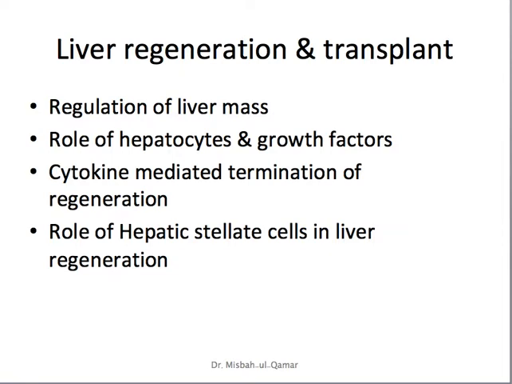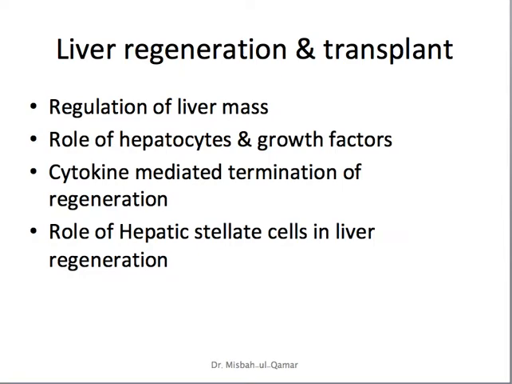So, what happens in the regeneration process? During this process, hepatocytes replicate until the original size and volume of the liver has been restored. And hepatocyte growth factor, which is produced by mesenchymal cells, causes liver cell division.